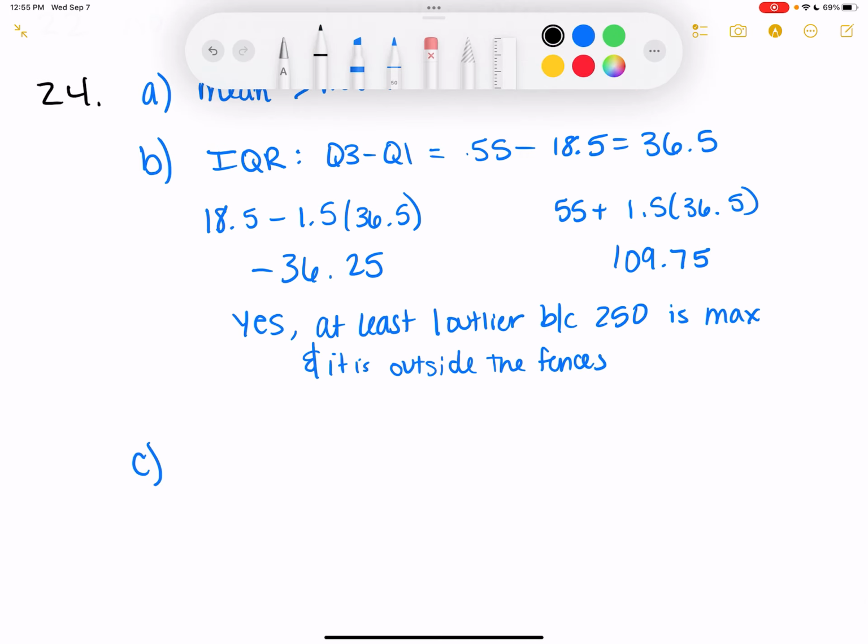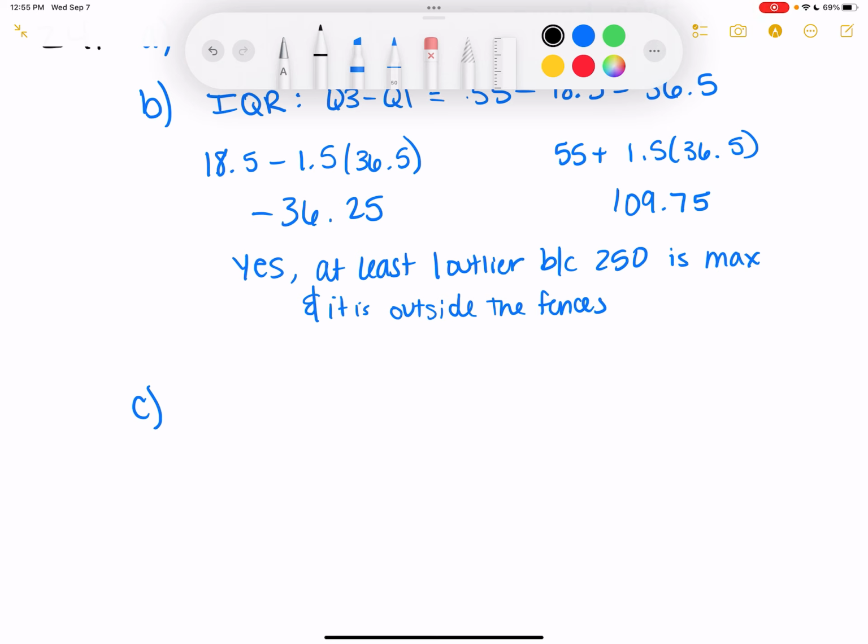Our minimum value is 6, so I would just start at 0. And then our maximum value is 250, but we know that to be an outlier.